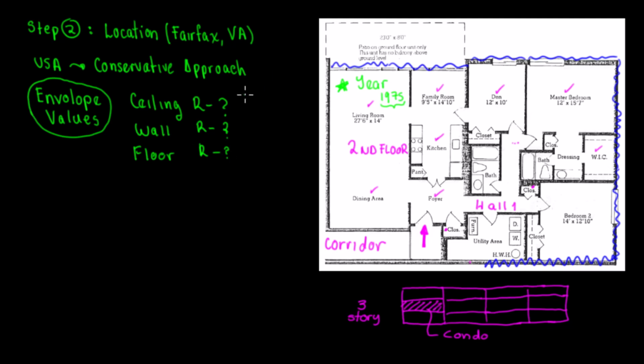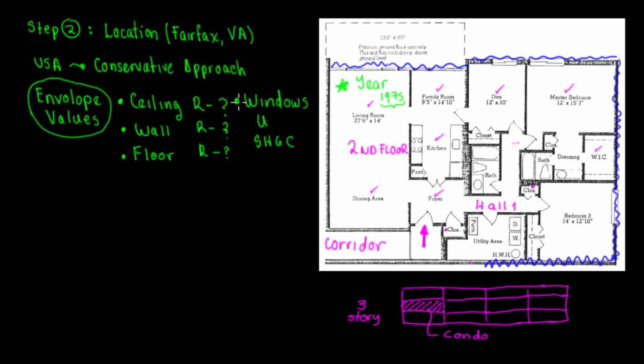We need to obtain the windows. When you're talking about windows, you need the U factor and solar heat gain coefficient. And for the door, you just need the U value. So you need to obtain these envelope values in order to perform your heat load calculation in Wrightsoft.